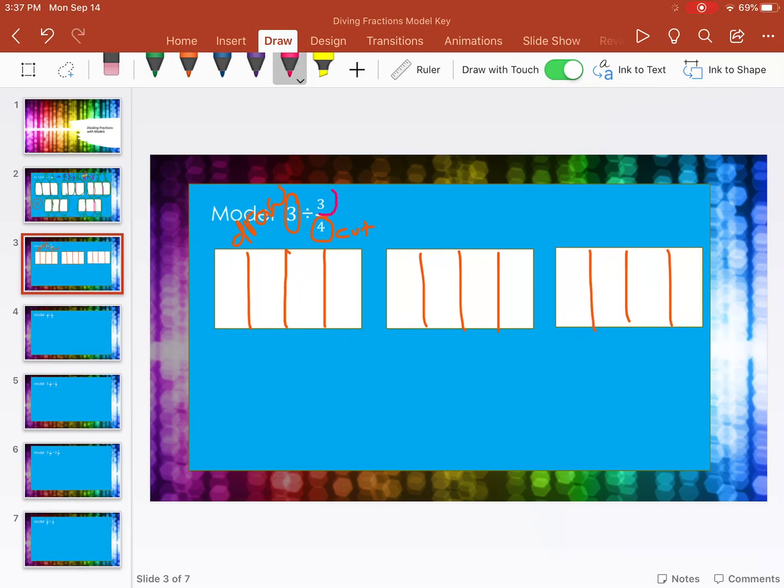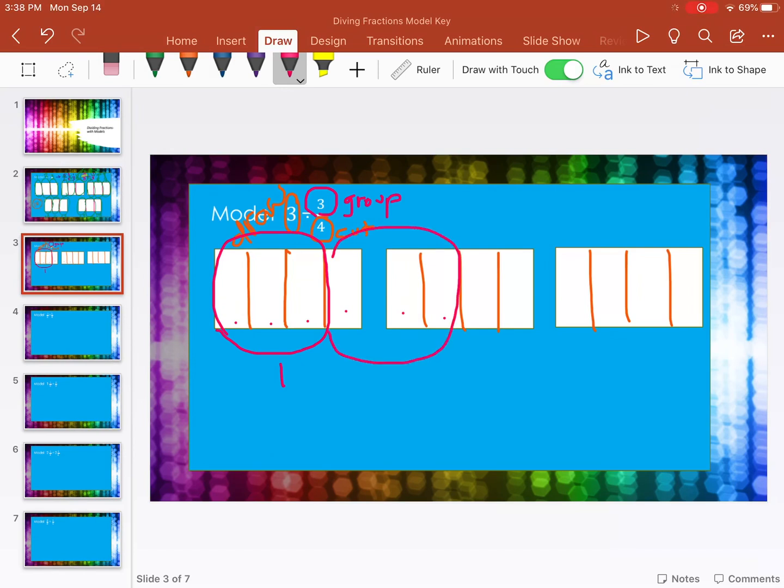And then the top of the second fraction, that's what I group by. Okay, this is important. On the last one, it was just a 1, so every one piece was a group. Here it's a 3 though. I'm doing 3 divided by 3/4, so I have to count 1, 2, 3 pieces. These 3 are a group. Now I can connect this one with the other one. So 1, 2, 3.